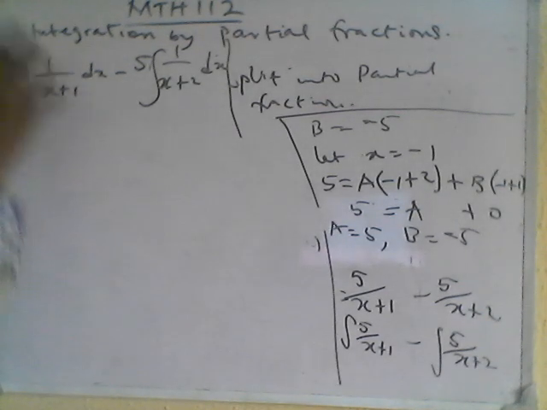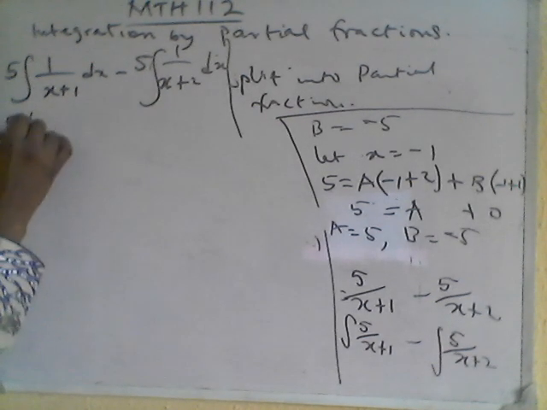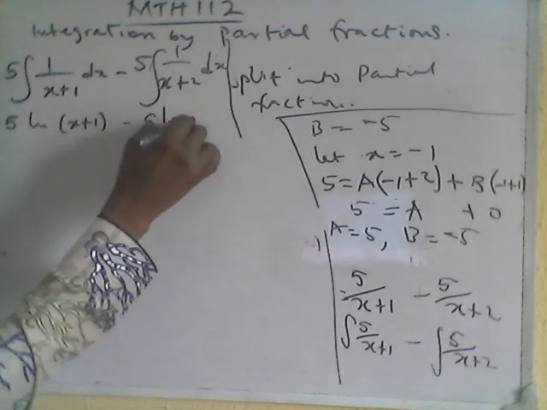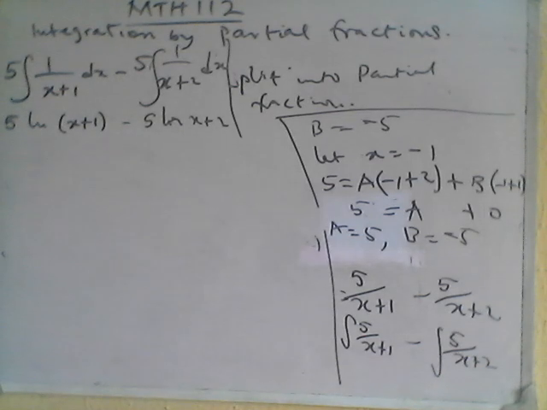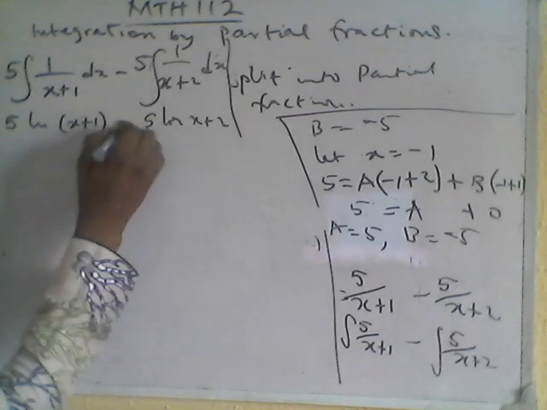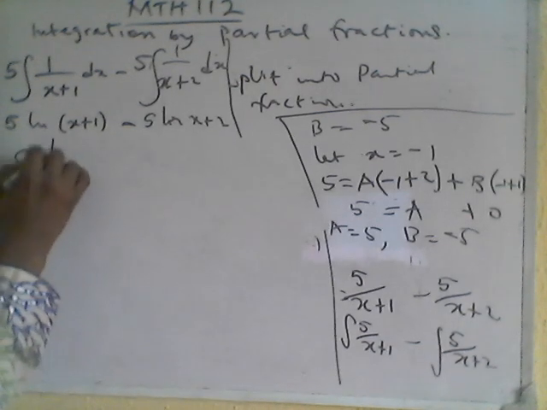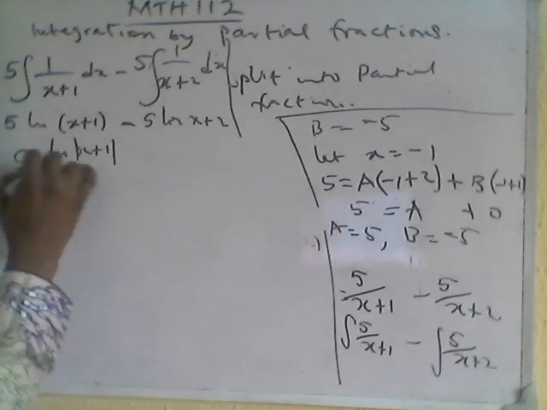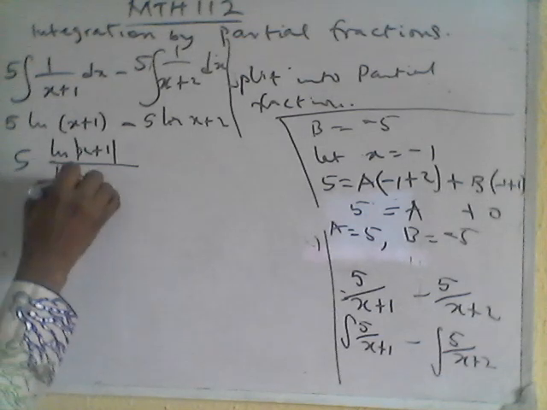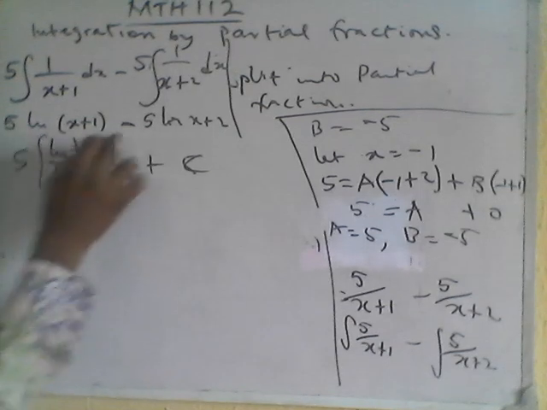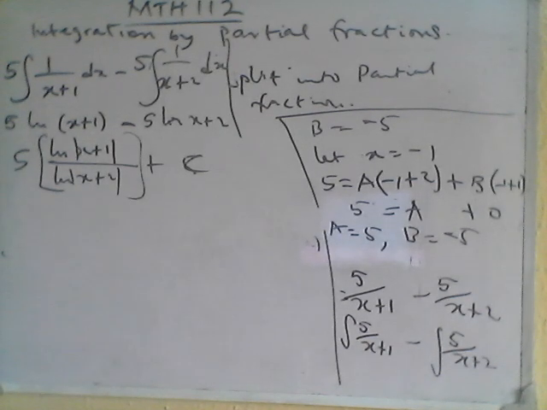So now, from our standard integral, this is the same thing as saying 5 ln x plus 1 minus 5 ln x plus 2. Again, the 5 can come outside. So it is 5 outside, ln of x plus 1 all over x plus 2, plus c.